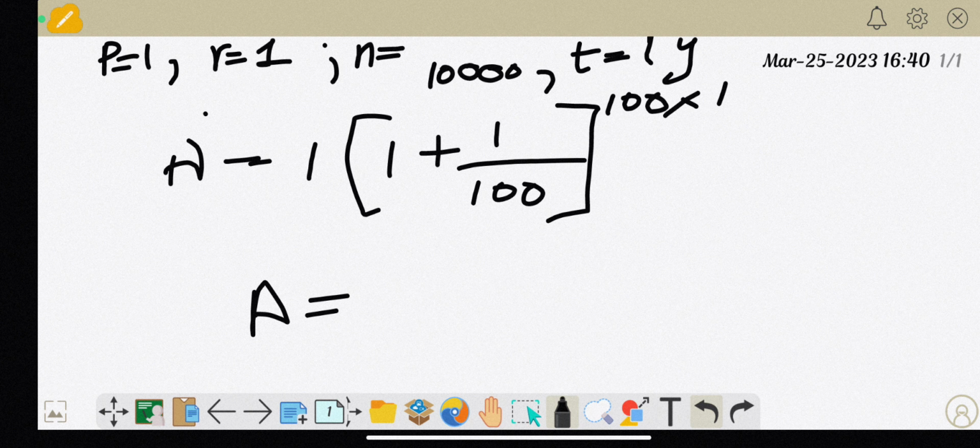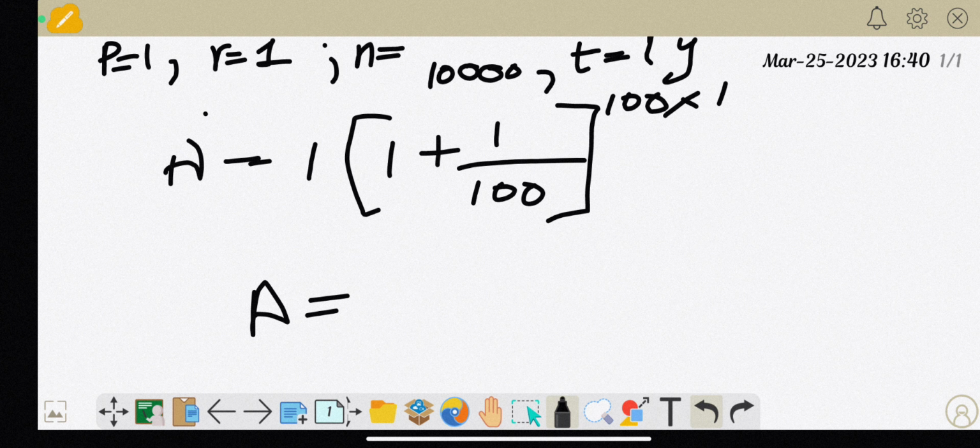If I go back, everything I wrote will be erased. I got my calculator: 1 plus 1/x, to the power x.